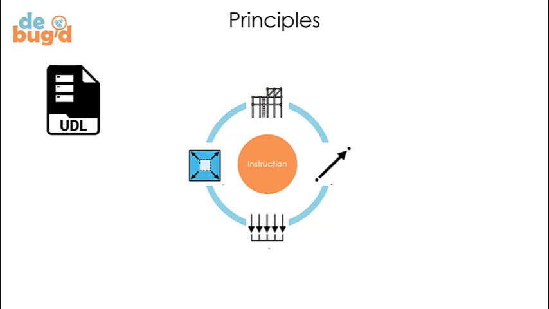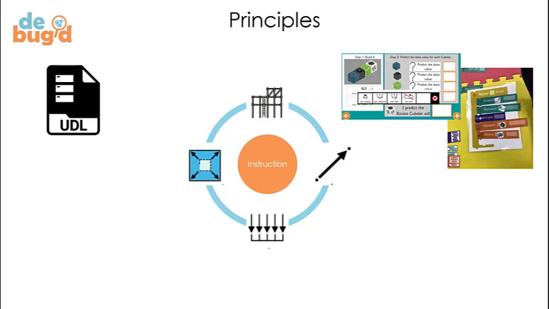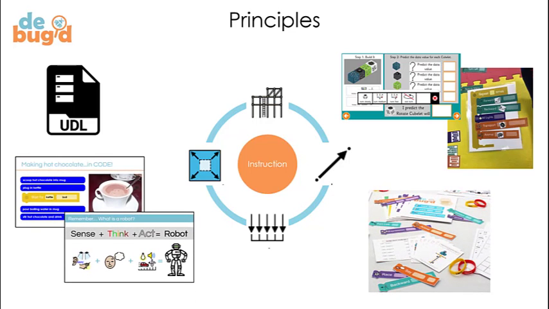We were guided by the principles of universal design for learning, and we wanted to provide opportunities for individual, small group, and whole class instruction, providing adapted, accessible materials for all students. And finally, we wanted to ensure that we supported teachers to make it easy for them to learn about coding and to differentiate their instruction. And this is what we hope we have achieved, both in our Debugged kits and in the Weavely software interface.